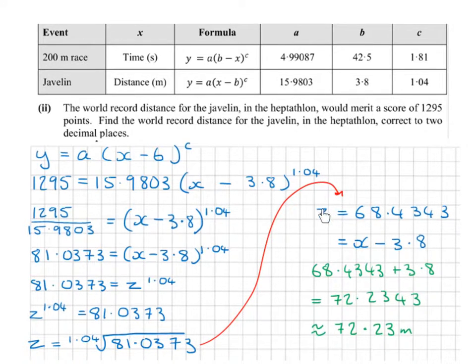So that gives us z is equal to 68.4343, which is the same thing as x minus 3.8 because both of these are equal to z. So we let them equal each other and we solve for x. So we have 68.4343 plus 3.8 gives us 72.2343, and rounding to 2 decimal places we get 72.23 metres.